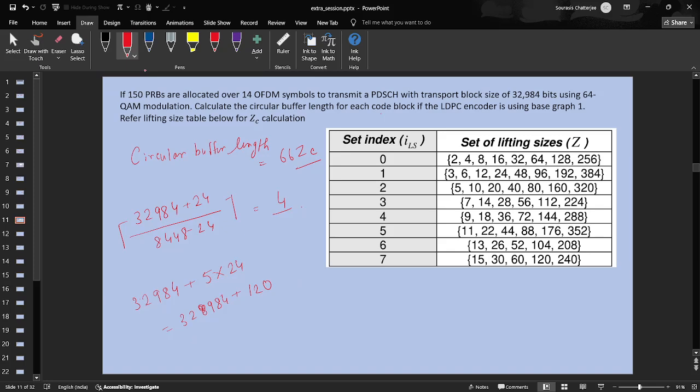So 120 here, so we have 33104 bits, and if I divide it by 4, I'm getting 8276.